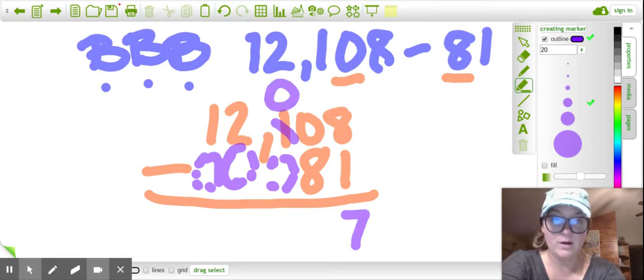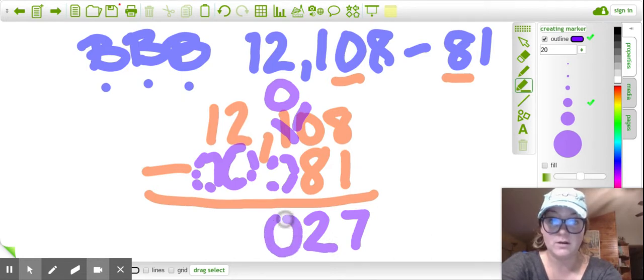And the 1 that we borrowed is going to become this 0's sidekick and turn it into a 10. Now, can I subtract 10 minus 8? Yes, we can. 10 minus 8 equals 2. 0 minus 0 equals 0. 2 minus 0 equals 2. And 1 minus 0 equals 1.